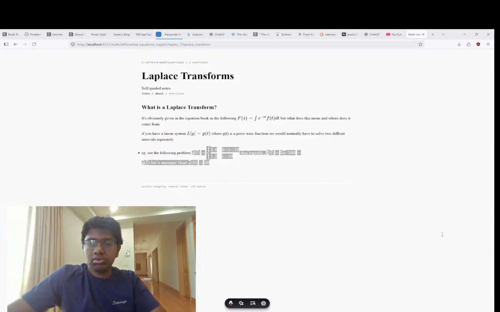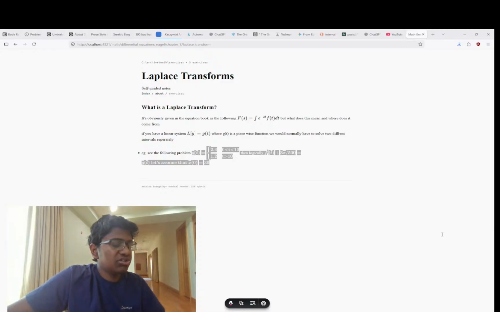Then multiplying this to both sides, it becomes the following equation, where it just becomes the derivative of x mu on the left side.